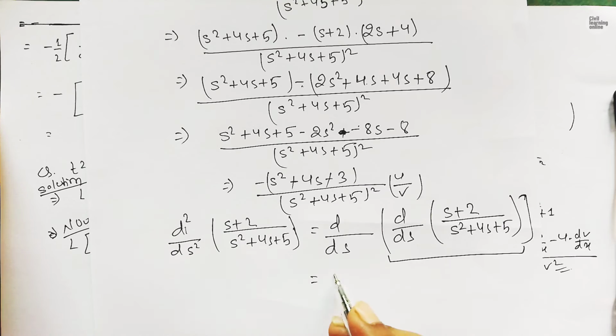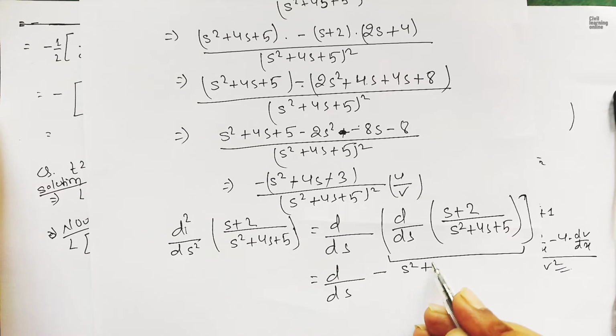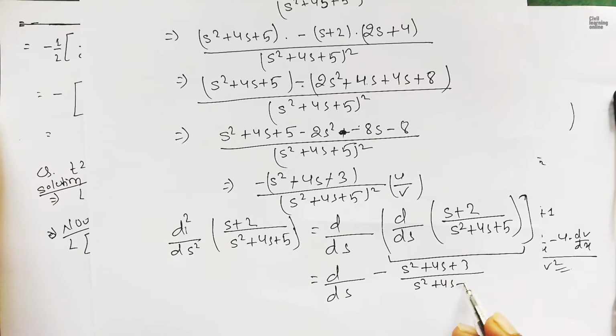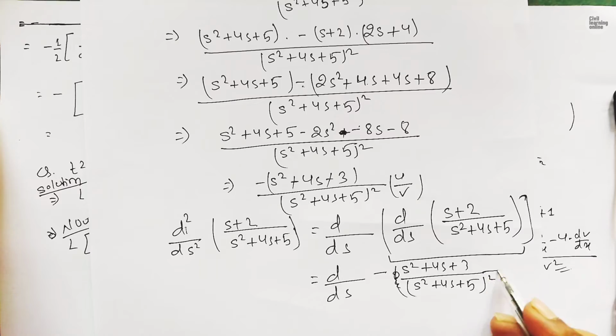So we have one more derivative here, that is d upon ds of minus (s square plus 4s plus 3) upon (s square plus 4s plus 5) to the power 2. So again we will use the same rule, that is u upon v.